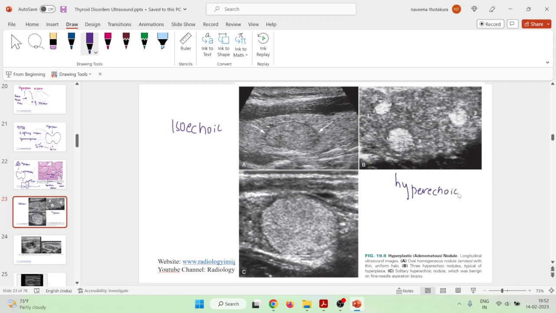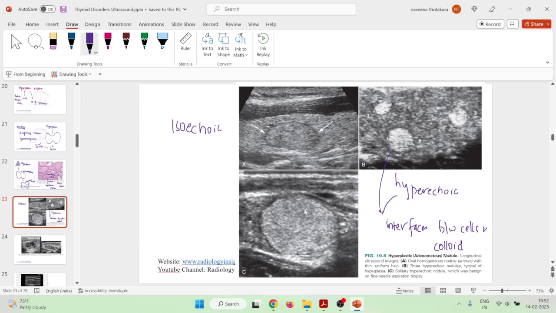This hyperechogenicity is mainly because of the numerous interfaces or artifacts seen between cells and colloid. Because of these numerous interfaces, the nodules are hyperechoic.